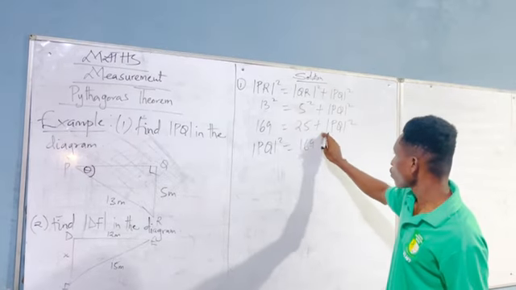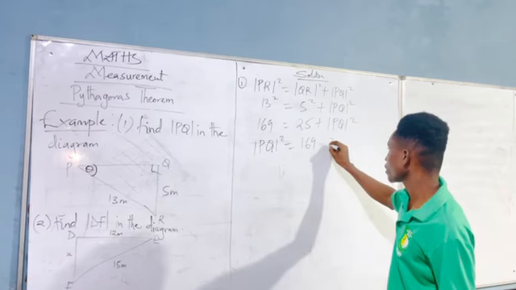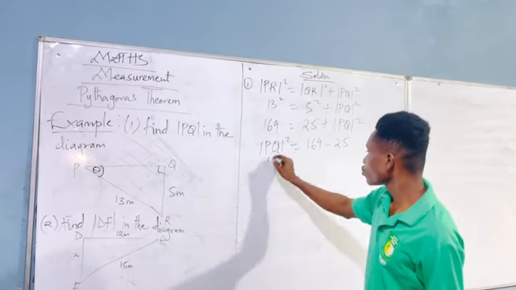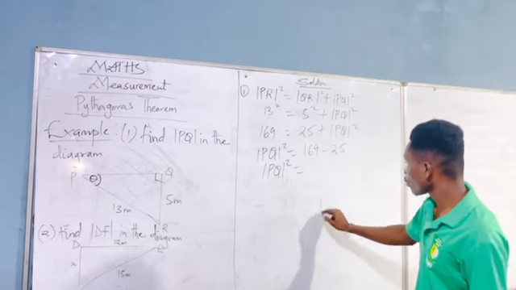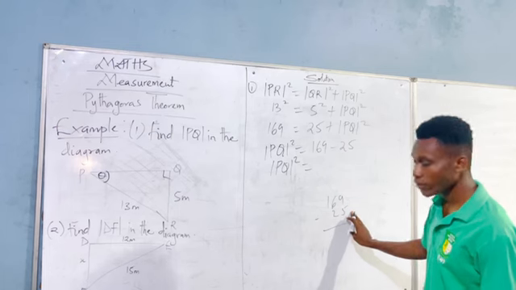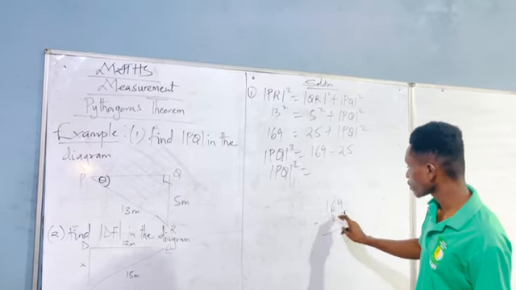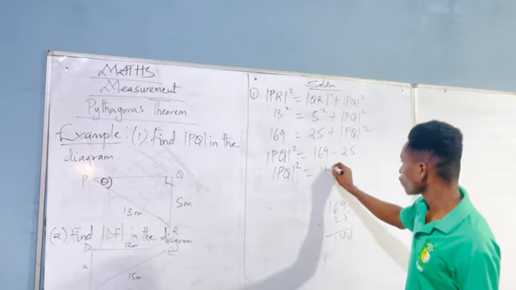Now this one was here and I turned it like that. So this one is crossing the equal to sign. It becomes minus 25. So we have PQ squared is equal to 169 minus 25. We have 9 minus 5 is 4. Now 6 minus this 2 is 4. So we have 1. So we have 144.